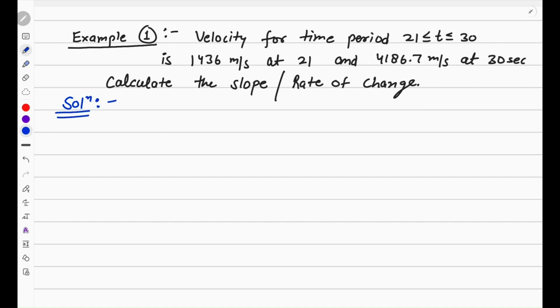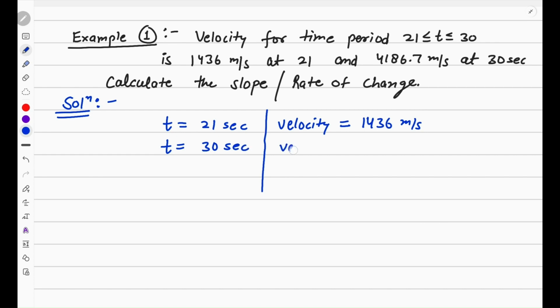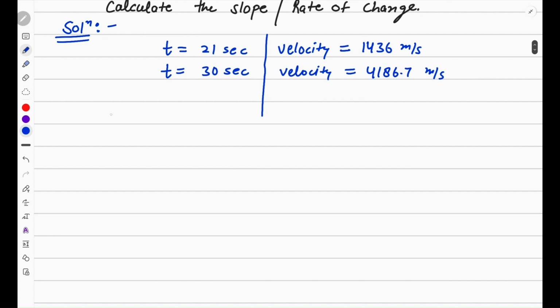The solution of this question. We have time t equal to 21 seconds at which the velocity is 1436 meter per second. Similarly, at t equal to 30 seconds we have the velocity 4186.7 meter per second. So we have two times t1 and t2, and two velocities v1 and v2.